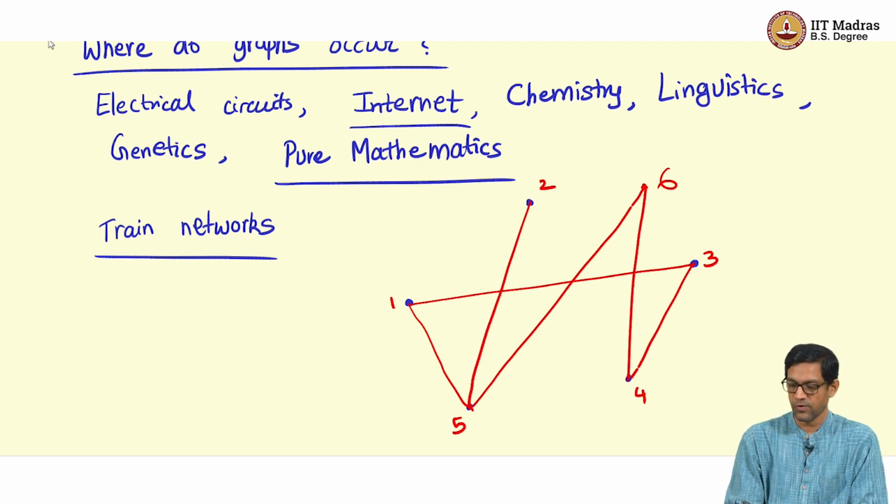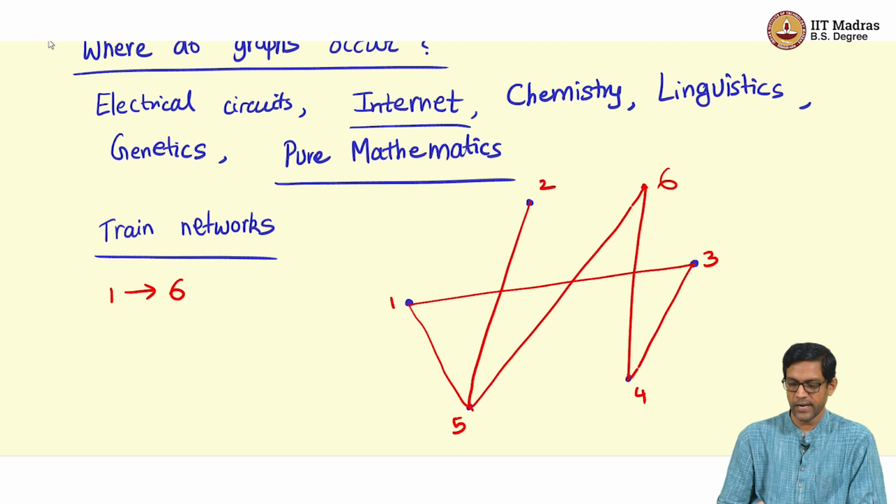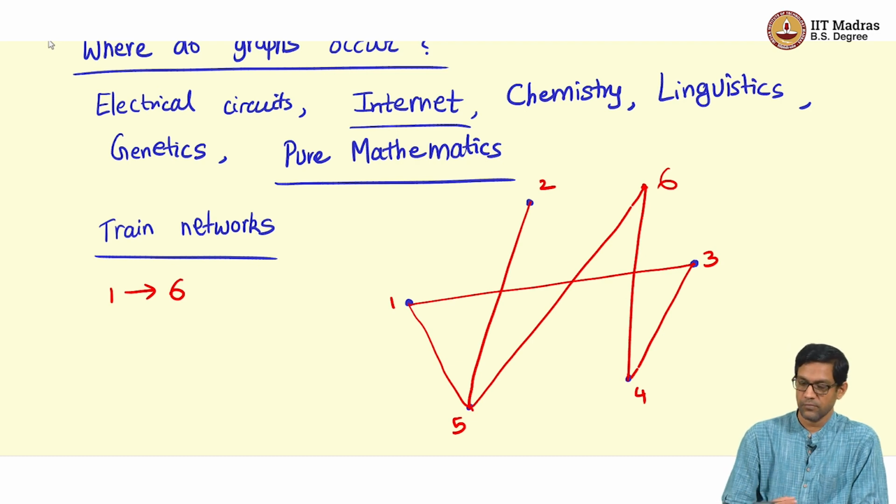So I want to go from, say, point 1 to point 6, and so the sorts of questions you can answer are, which route would take you from point 1 to point 6 by using the least number of trains? You have to make the least number of changeovers to go from one to the other.